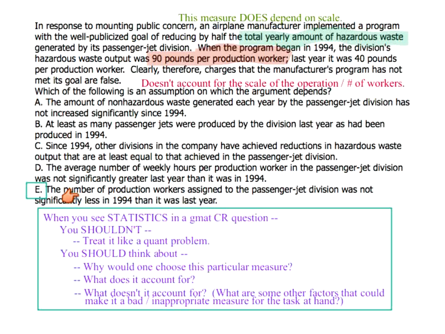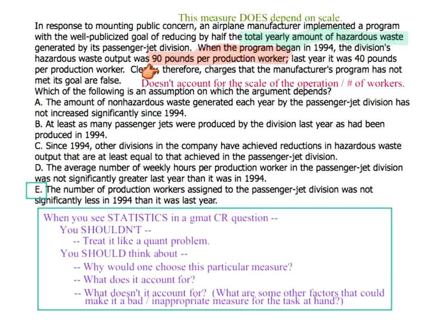That would be trouble, because then this number might jump just by virtue of a smaller denominator, right? If you have the same exact amount of pollution divided by a dramatically smaller number of workers, then your pounds of pollution per worker will go up, even though you don't really have any more pollution.